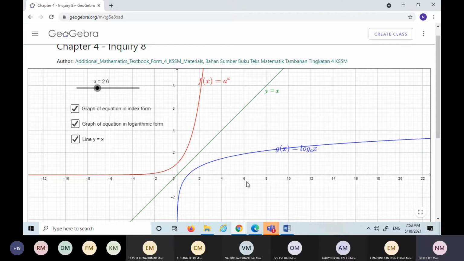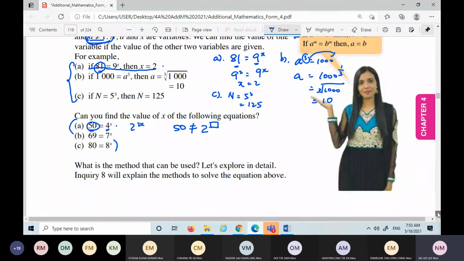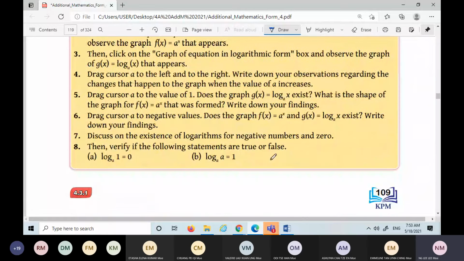We want to see whether log_a 1 is equal to 0. I come back to the textbook. Now I'm doing the last part already. This one. We want to verify whether the following statement is true or false. Is log_a 1 equal to 0?